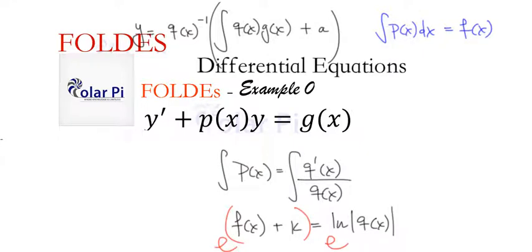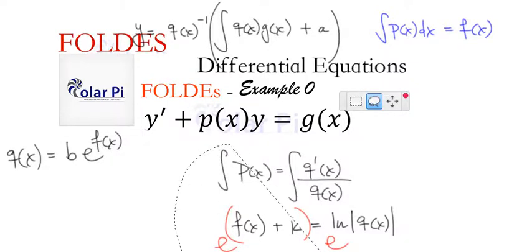On the left side, however, I get e to the f of x times e to the k by exponent rules. Let's say that e to the k is equal to some constant b. So then I could write this left side as b times e to the f of x. So q of x equals b, some constant b, times e to the f of x. Yeah, we're almost there.